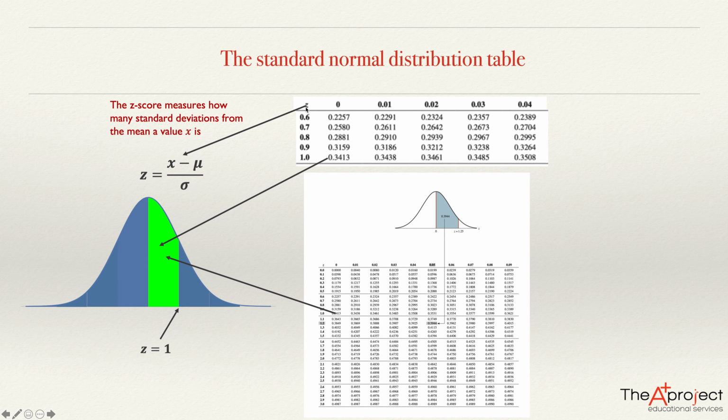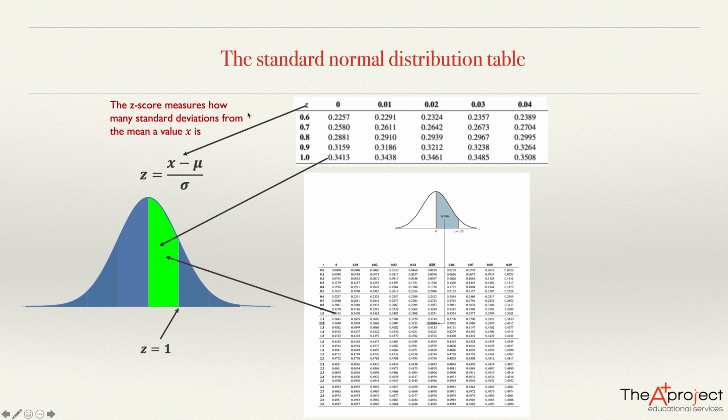This is the z-score. It will be in the first column. And that defines a new normal distribution, a normal distribution whose mean is 0 and whose standard deviation is 1.